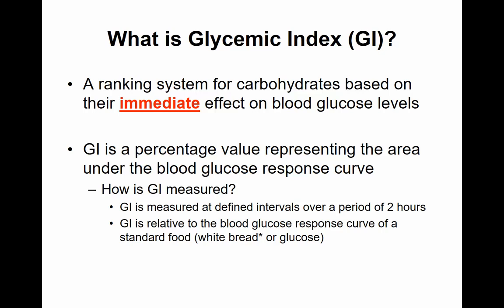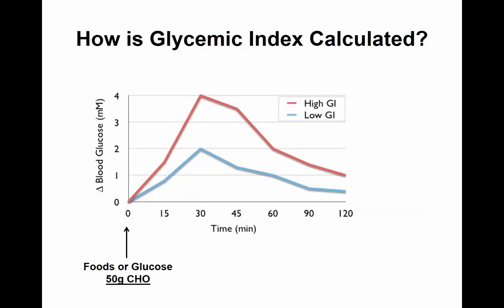So we actually do two things, right? A tested food and a standard food. The GI of the testing food is relative to the response curve of the standard food. Here is an example of how GI is tested. You give a person a tested food which contains a fixed portion of carbohydrate, for example 50 grams.